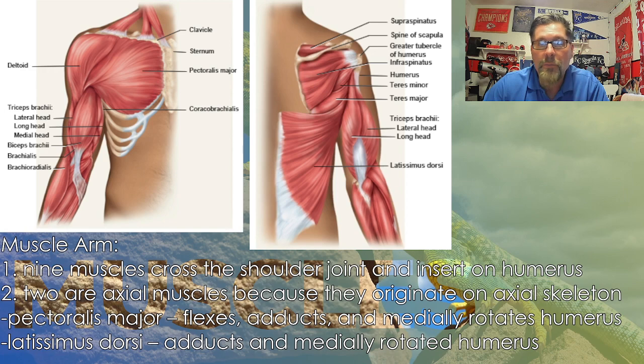Things like the pectorals and the lats, and we talked about those somewhat in the previous video, but we're going to continue to look at the delts, biceps, and the pectoral area as we talk about the upper limb, part 2.